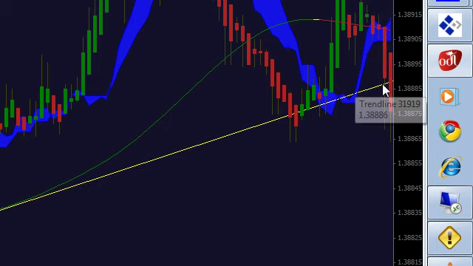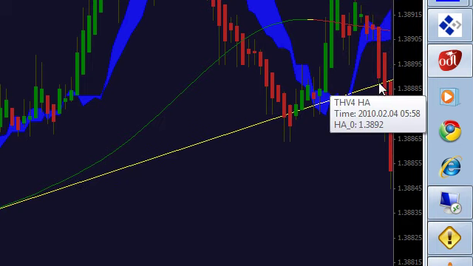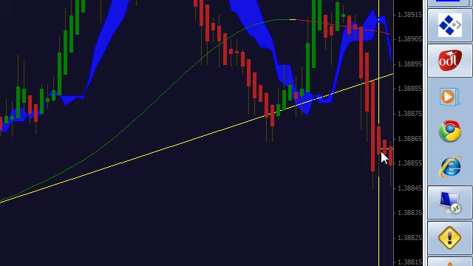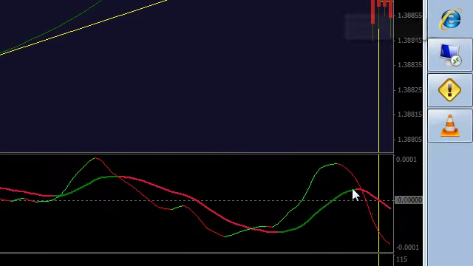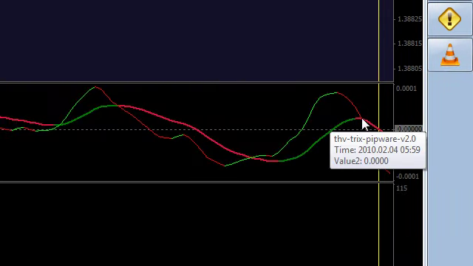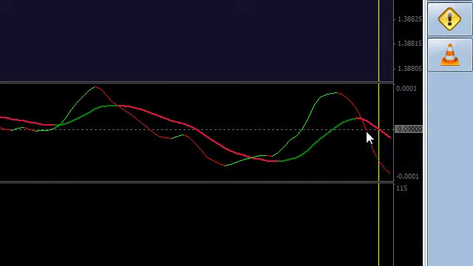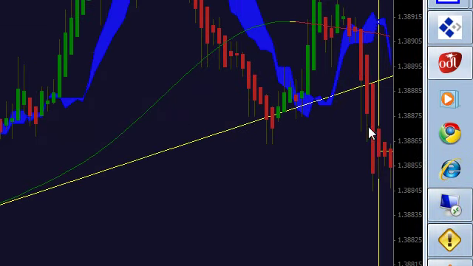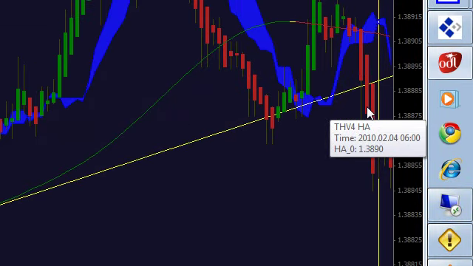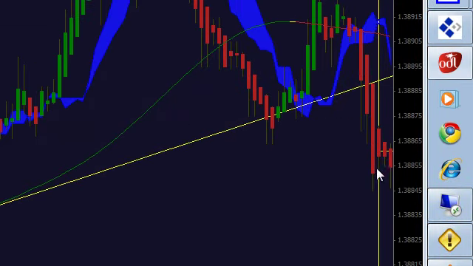Carrying on, and finally we get the bust through the trend line, and this is where I got into the trade. Right on this point, you can see THV rules met, crossover. We crossed the zero line. The fast tricks crossed the slow tricks. Could have got in probably a minute earlier, but I was watching my analysis chart as well, and so there we are. There's where we got in.